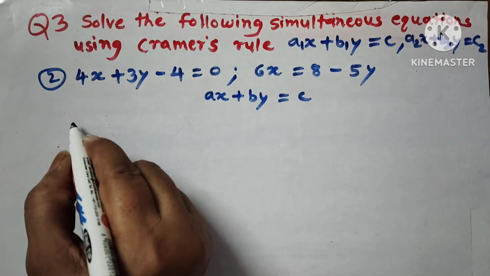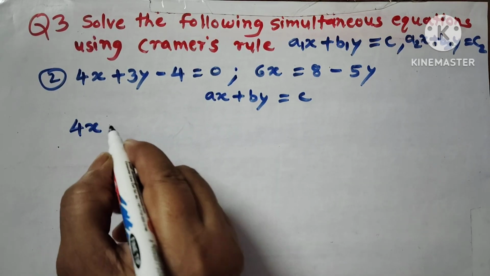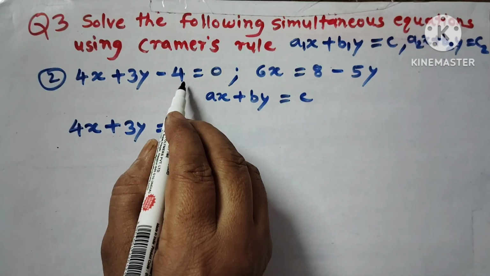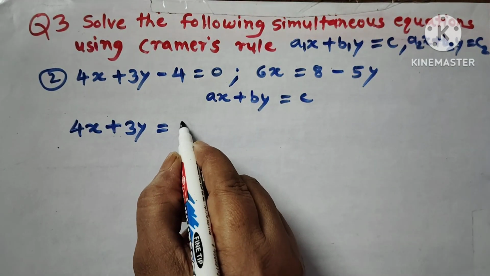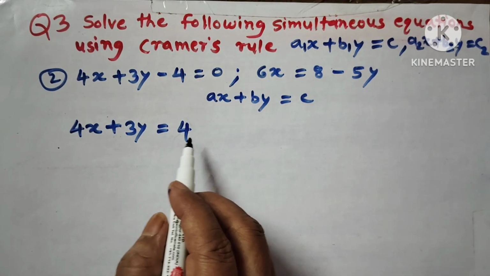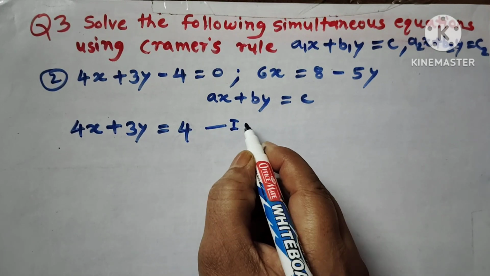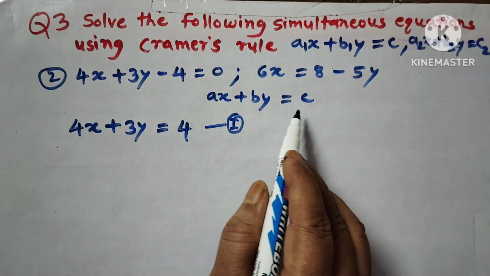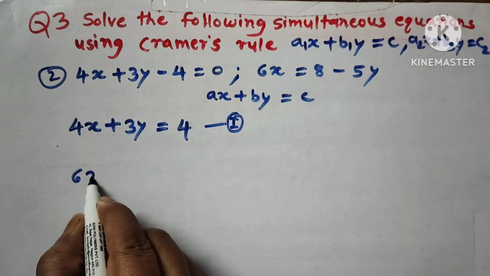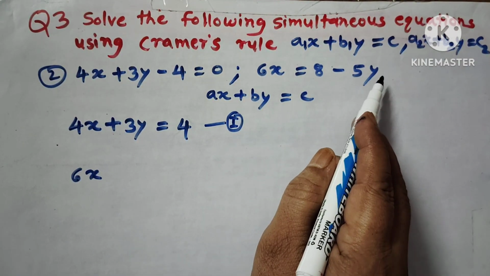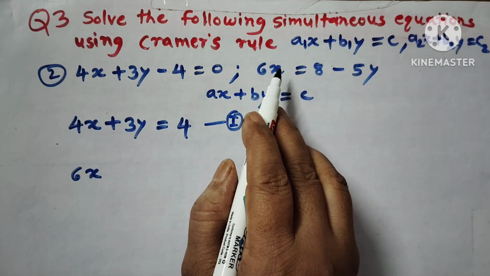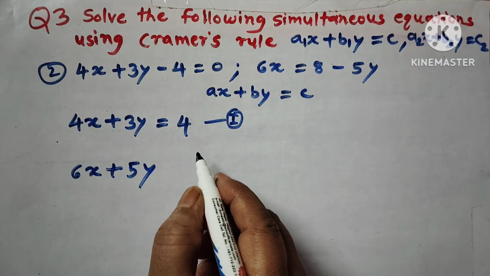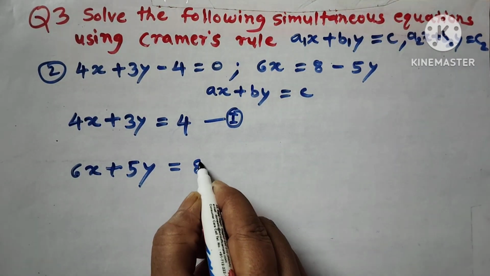First equation, 4x plus 3y is equal to, the minus 4 on the left side goes to the right side, so it becomes plus 4. 4x plus 3y is equal to 4, first equation. Then the second equation, write it in the form ax plus by is equal to c. 6x, the minus 5y is on the right side, if it comes to the left side its sign changes, plus 5y is equal to 8. Second equation.